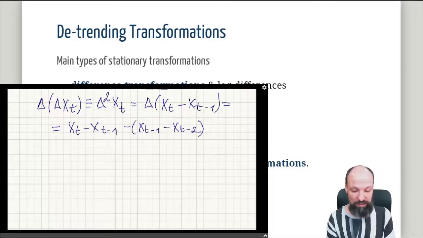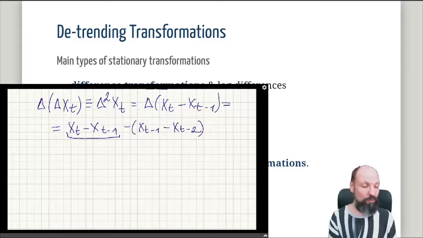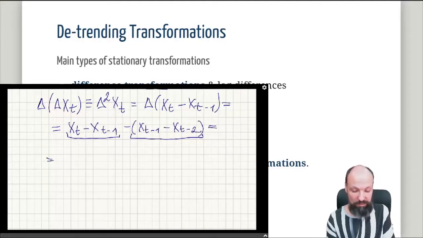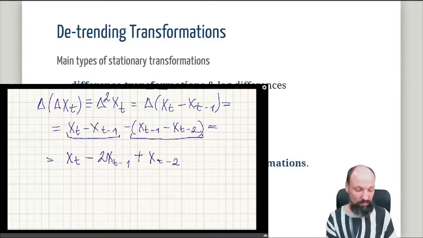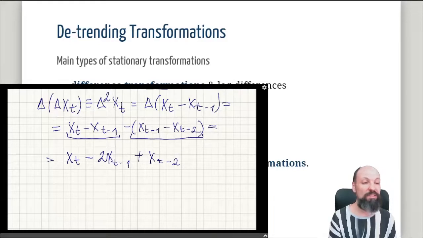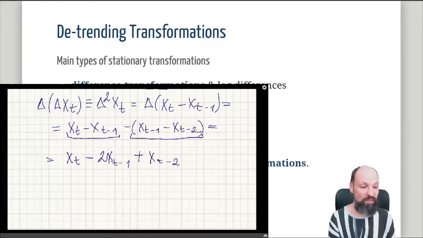The first difference is this. The first difference shifted in time back is this. The first difference of the first difference is this ugly thing. And when you keep expanding it, this is how the second difference looks in terms of the initial time series.